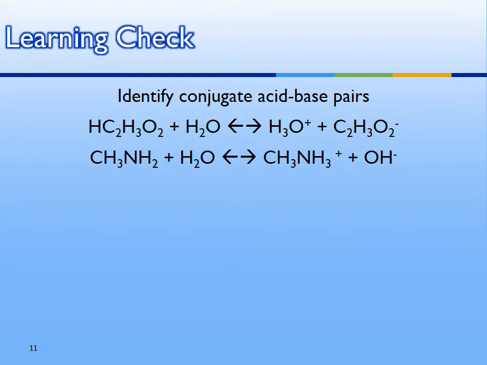Now identify on your own the conjugate acid-base pairs for these two hydrolysis reactions. By the way, every reaction with water is known as a hydrolysis reaction. Pause the presentation, come back when you're done.